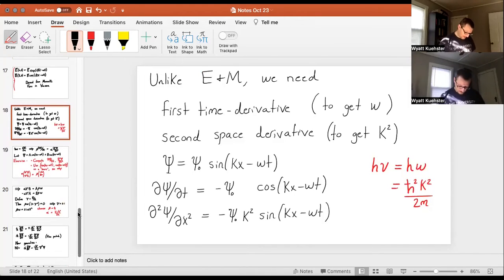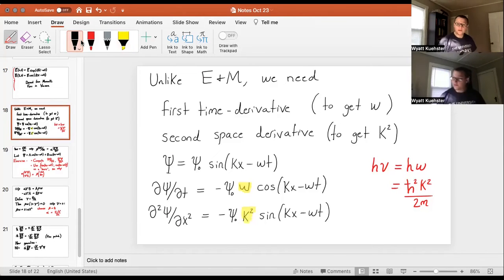Let's do an example where psi is a sine wave, with a well-defined frequency and wavelength and no cosine part. Then I take a first time derivative, and I get minus psi naught times omega cosine of kx minus omega t. So I have an omega here. And if I do a second space derivative, I get a k squared.